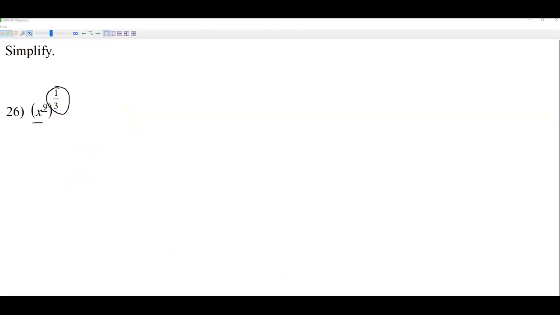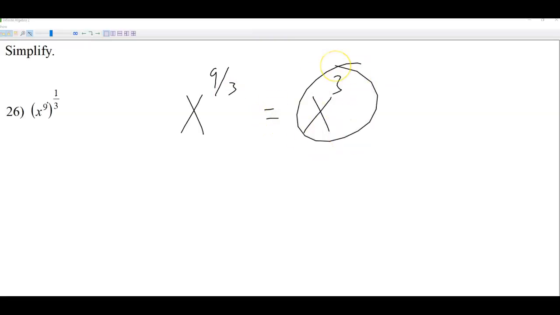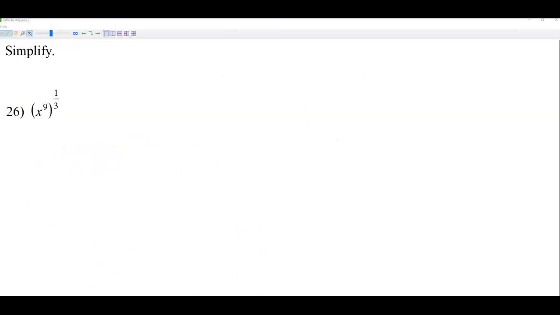The shortcut is multiply the 9 times the 1/3, which 9 over 3 is just 3, and we're done. Same answer, much faster. But once again, that only works because there's no number in the front here. You know, if I were to put like an 81 here, then I would encourage you guys just to solve it the other way that I showed you, okay? But in this case, you can use the shortcut.